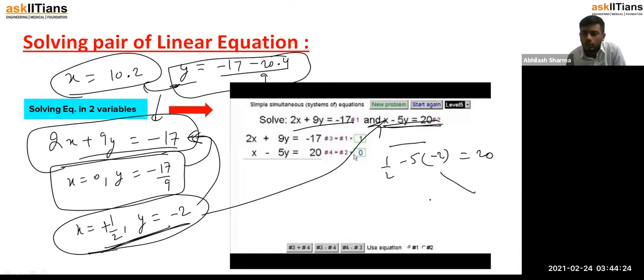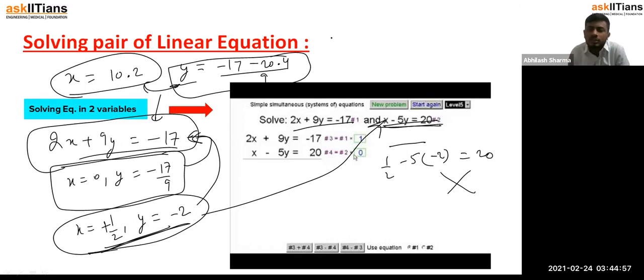No, this is not true. And hence, we conclude that although there are infinitely many solutions to one linear equation in two variables, if there are two equations in two variables, it is not the case that there will have to be infinite solutions. So what we mean by solving a pair of linear equations is that we try to find the values of x and y which actually satisfy both the equations given.